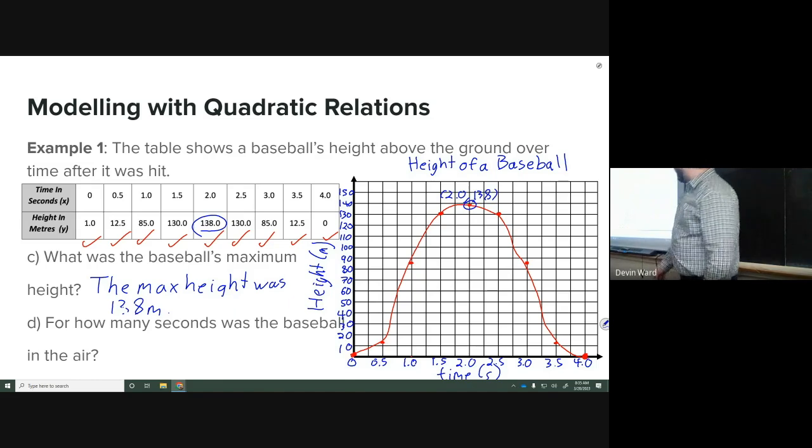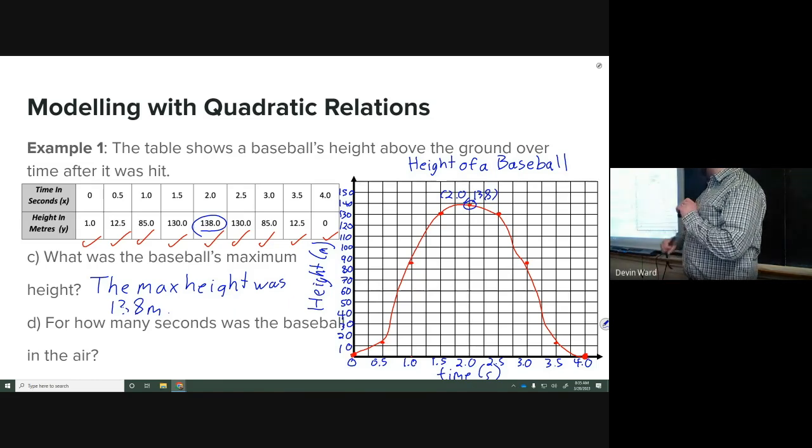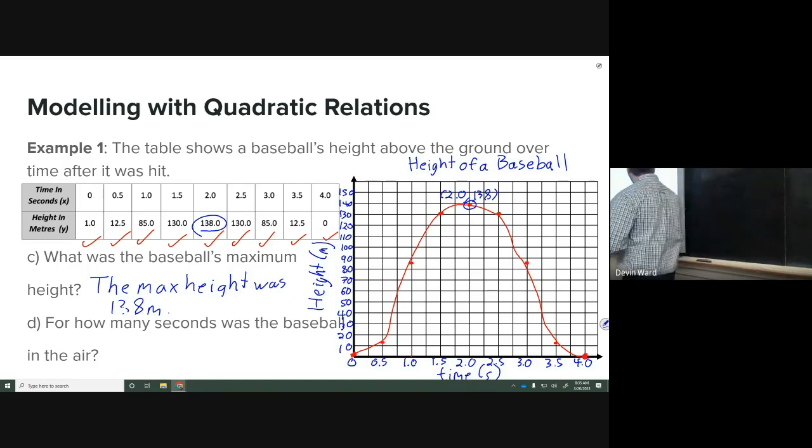And then kind of cut off by my axis there. But for how many seconds was the baseball in the air? 2 seconds. So yeah, 4 seconds. So it took 2 seconds to reach the maximum height. So just look for when it hits 0 again, and it is at 4 seconds.